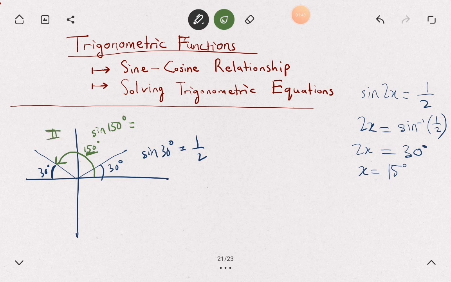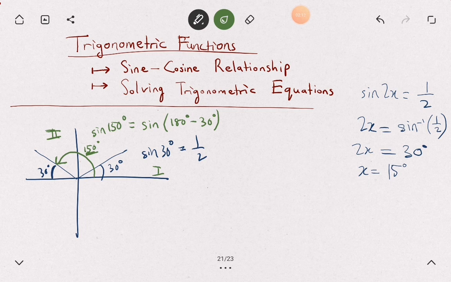This is quadrant 1, right? So in quadrant 2, the angle will have positive sign, and the sine of this angle will be equal to sine 180 minus 30, right?